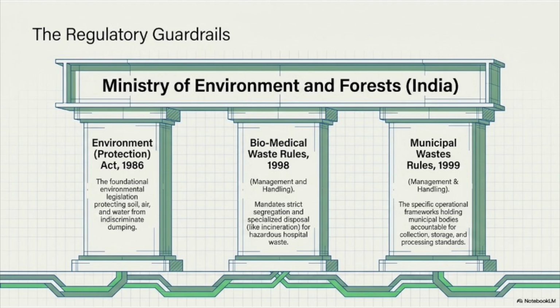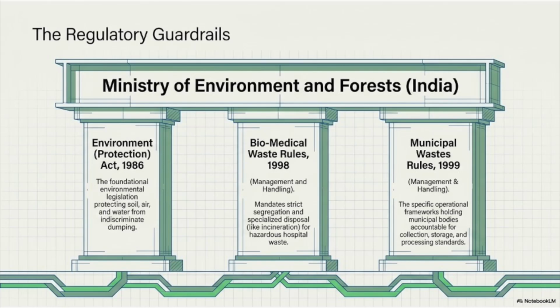All of this activity is governed by regulatory guardrails set by the Ministry of Environment and Forests in India. The first pillar is the Environment Protection Act of 1986, which is the foundational environmental legislation protecting soil, air, and water from indiscriminate dumping.